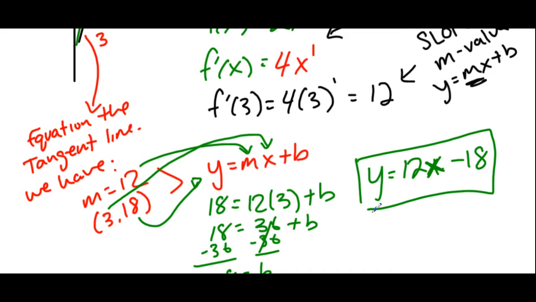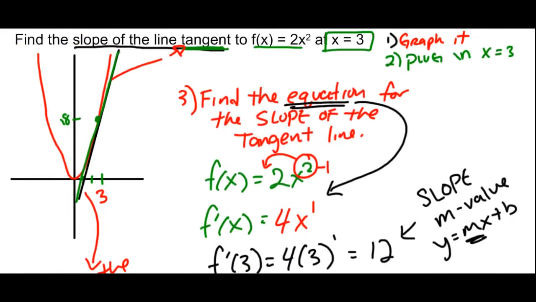Alright, a little recap. Finding the slope of the line tangent to f of x equals 2x squared at x equals 3. The first thing you need to do is graph it, just to see what it looks like. The second thing is plug in x and see where it goes. In this case, y went to 18, so we know the point was 3 comma 18.